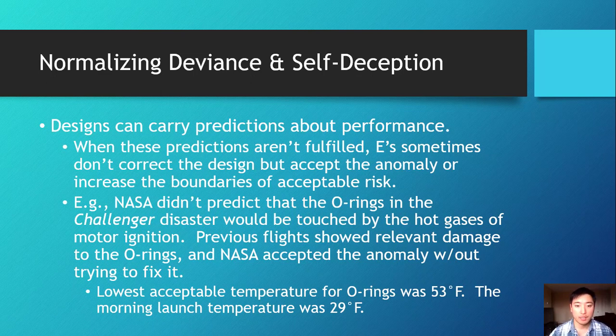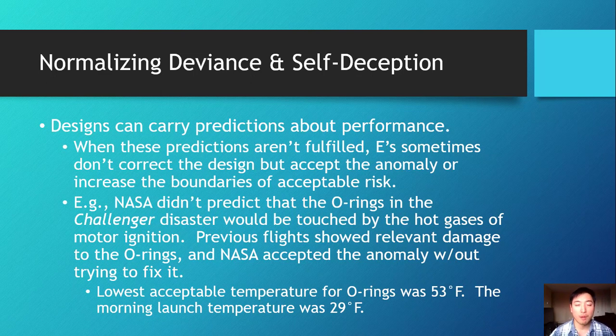They might just accept the anomaly without thinking twice about it, without trying to correct the design, or they might increase the boundaries of acceptable risk. They might say, oh, well, this is an aberration, this is an anomaly, but let's just expand our boundaries of acceptable risk and say it's okay and keep going with our day-to-day business.